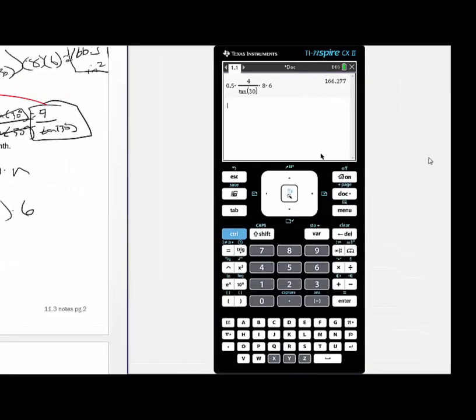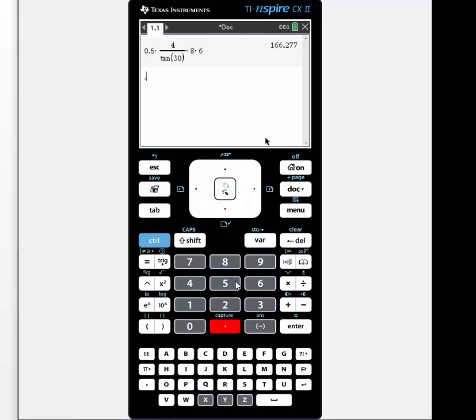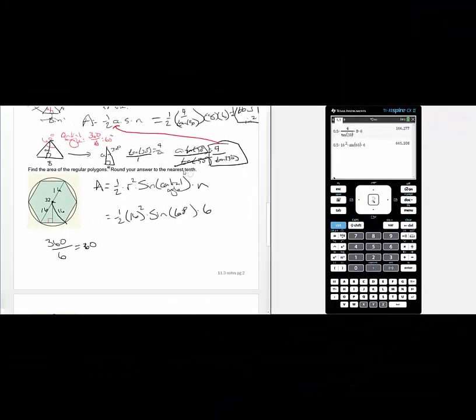According to my calculator, 1/2 times 16 squared times the sine of 60 degrees times 6 is 665.108, or to the nearest tenth, this is about 665.1 square units.